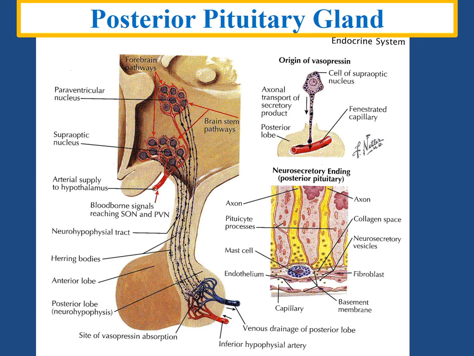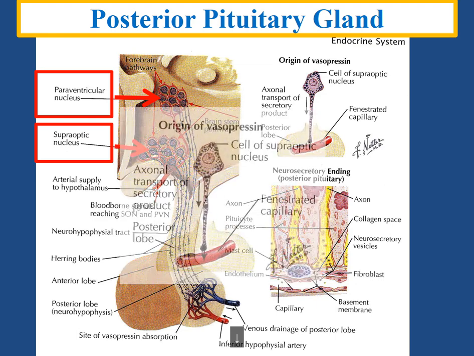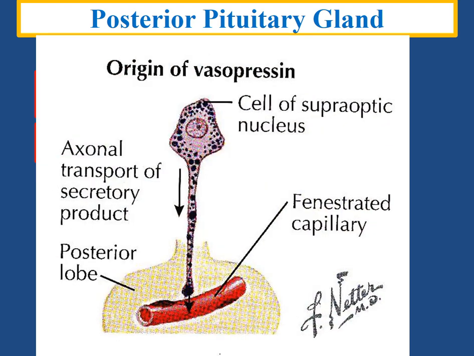Here we can see the paraventricular nucleus and the supraoptic nucleus and how the vasopressin is produced from the external cells of the supraoptic nucleus.